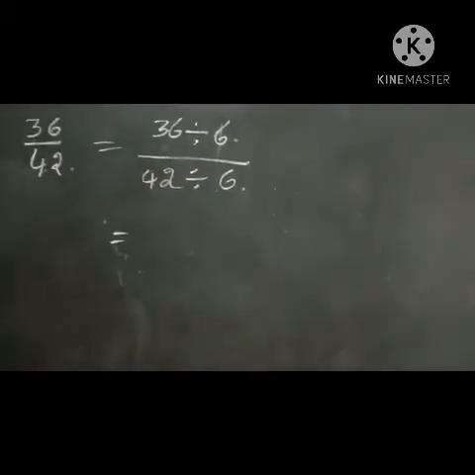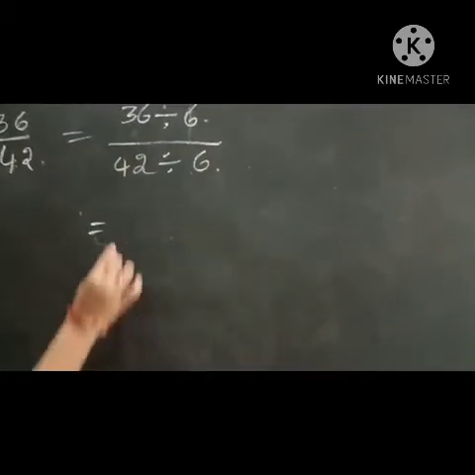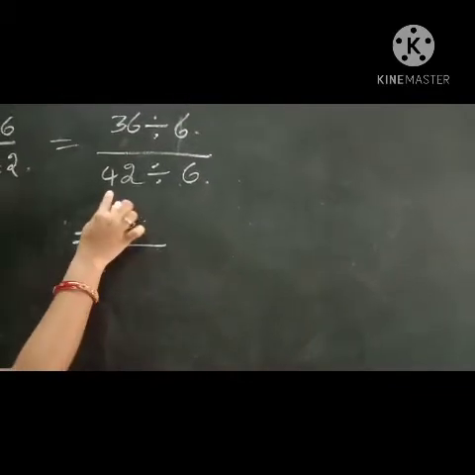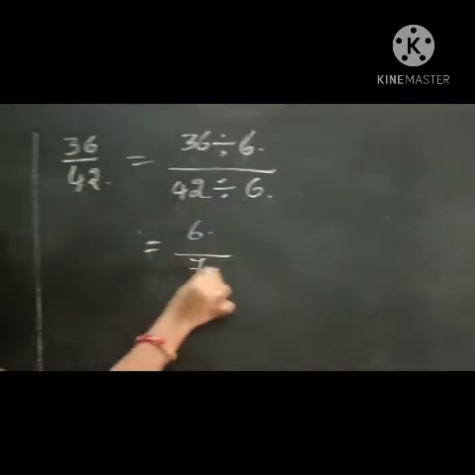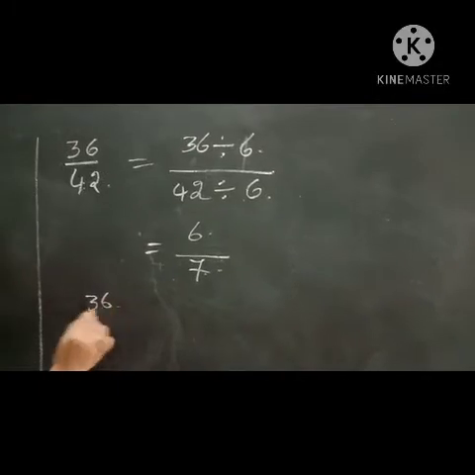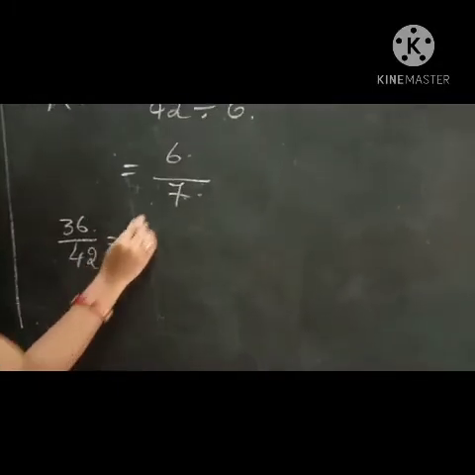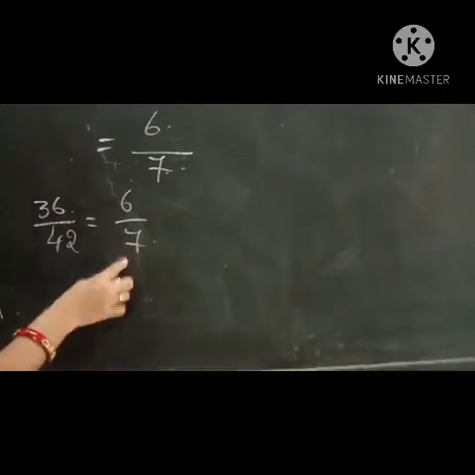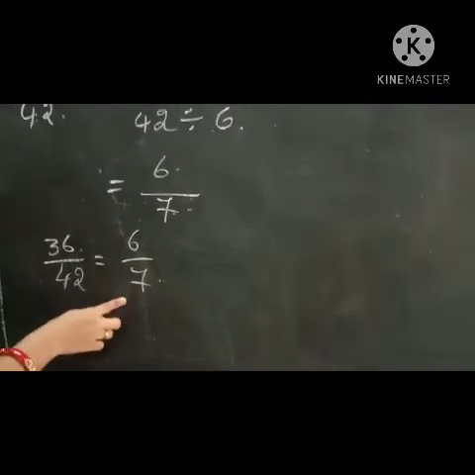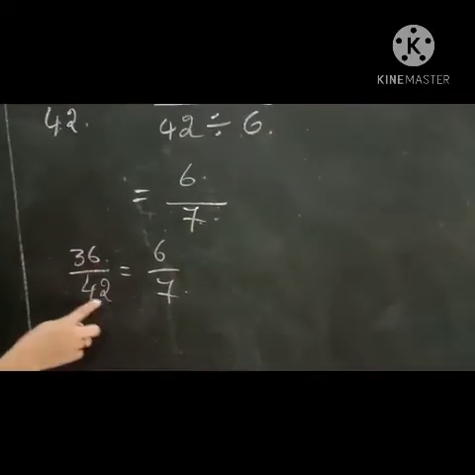In the 6 table, is 36 there or not? Yes. 6 6s are 36 and 6 7s are 42. Here 36 by 42 is equal to 6 by 7. This is the lowest term for 36 and 42.